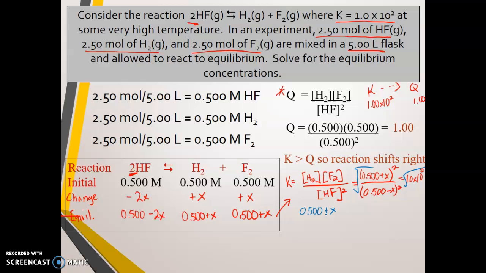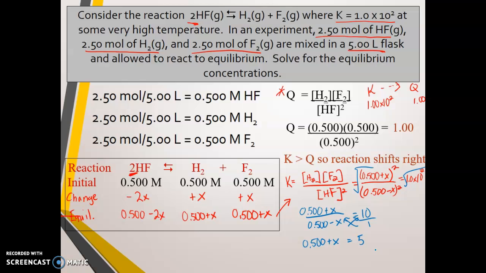That's going to leave us with 0.500 plus X divided by 0.500 minus X is equal to the square root of 1.0 times 10 to the second, which is 100, and the square root of that is 10. So now I just need to solve for X. I'm going to have 0.500 plus X is equal to 10 times 0.5, which is 5.